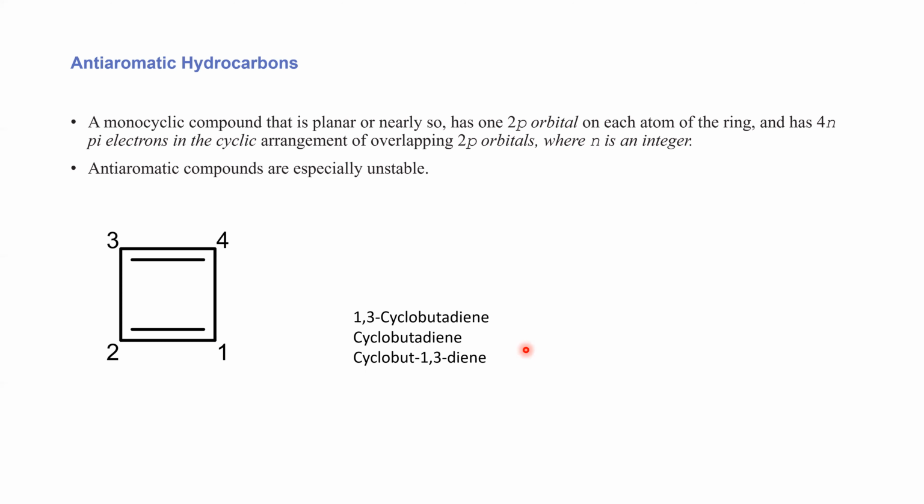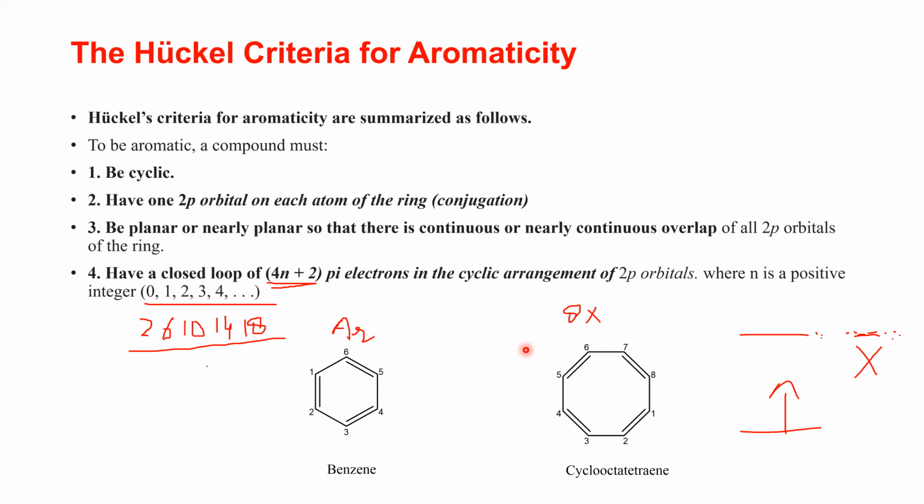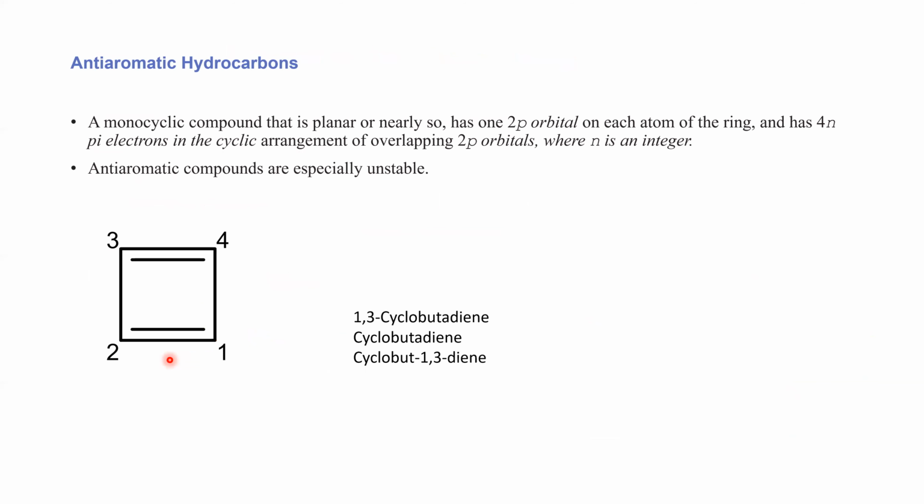Because though this is cyclic and planar, it has 4 pi electrons, and you can see there is no place for the 4 electrons in 4n plus 2. This is not fulfilling the 4n plus 2 electron criteria.